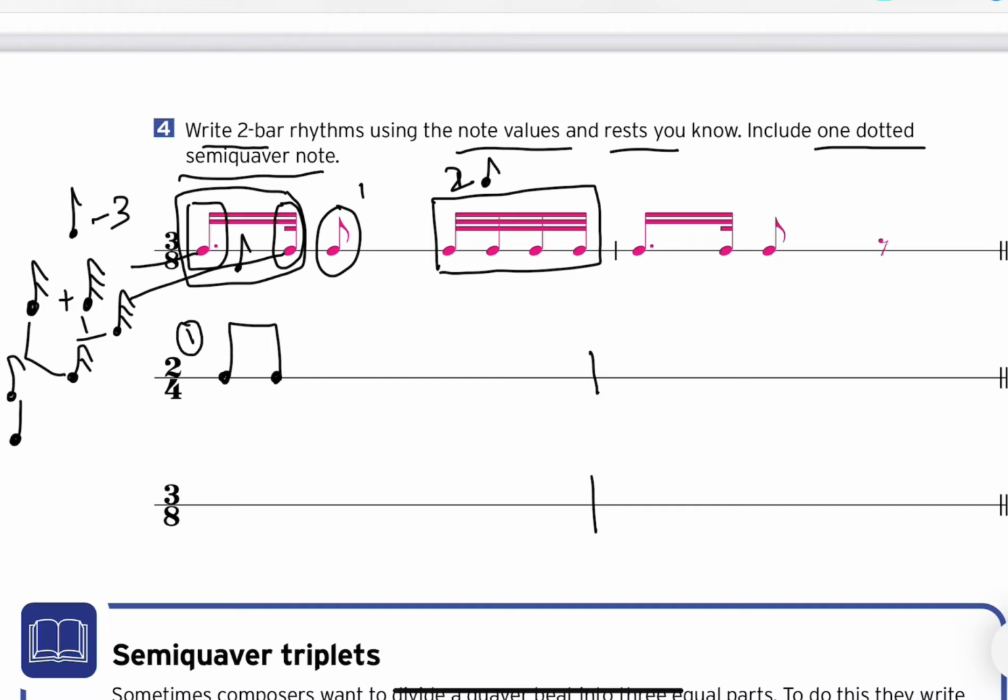Yeah, next let's use, as they say that we should use one dotted note, and let's make this and this one, and let's add 2 over 4 with this.